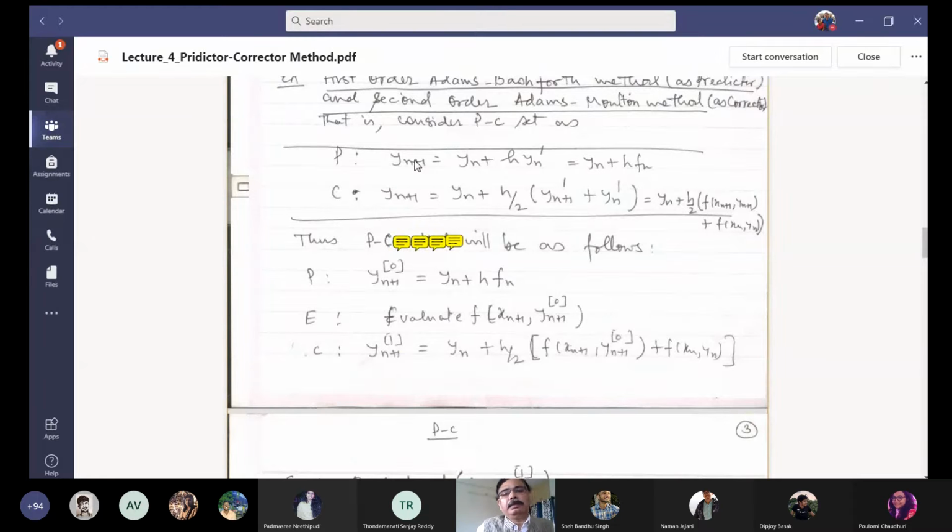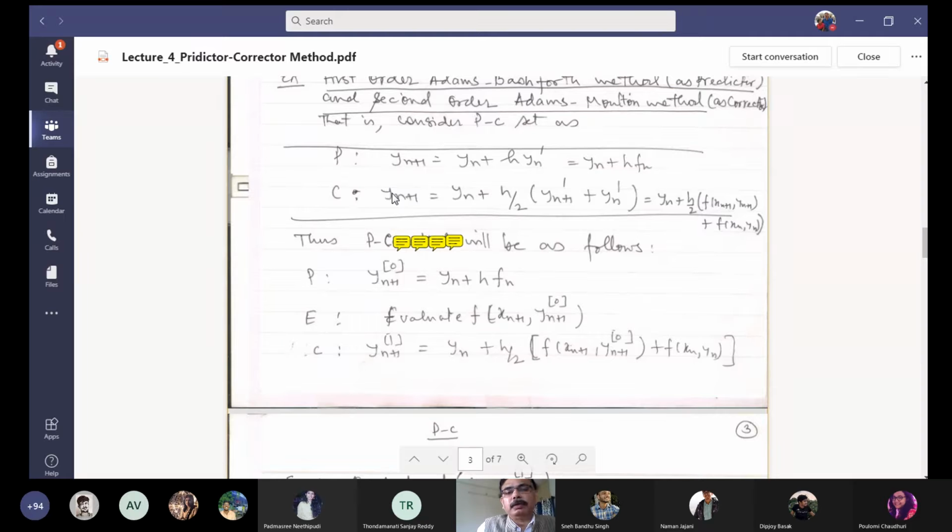One is yn plus 1 equal to yn plus h times yn prime, or we say yn plus h times f of xn, fn. This we call the predictor. The next one we call the corrector. This is your implicit method.